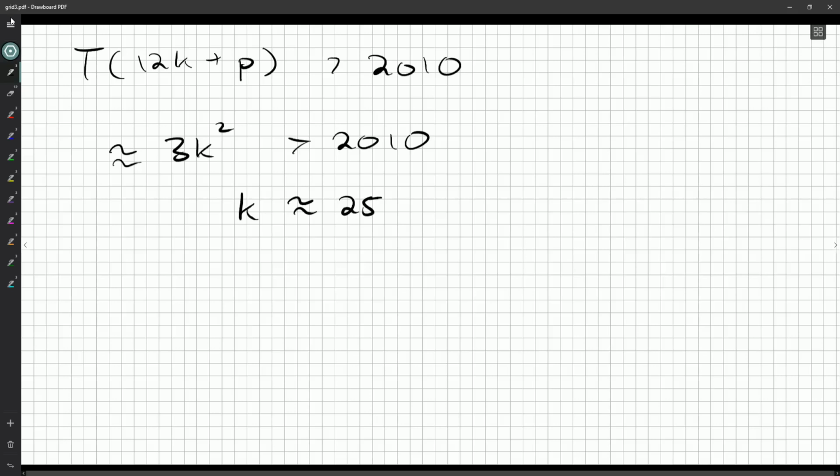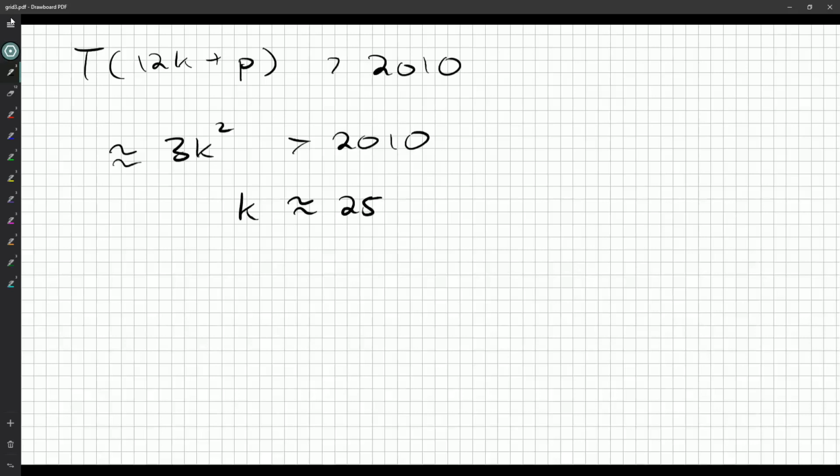So I might start thinking about numbers 12 times 25, so 300. So 301, 303, 305, 307, and so on like that. It was, I think, 25.8. I'm just going to redo the calculation because I've already forgotten. 25.8, so maybe on the higher spectrum, maybe close to k equals 26.